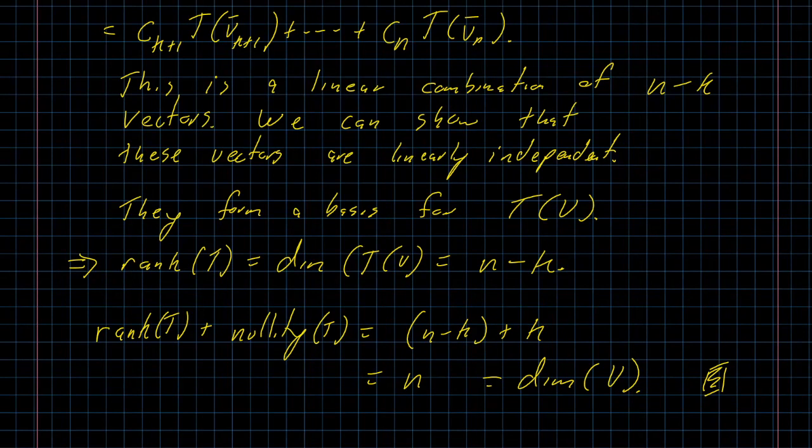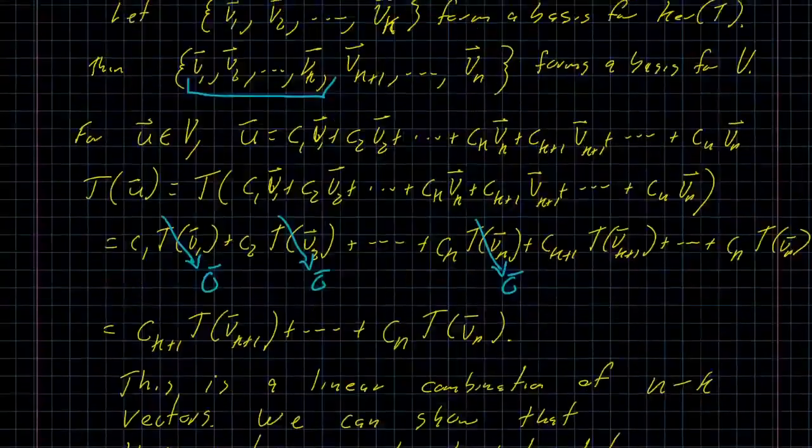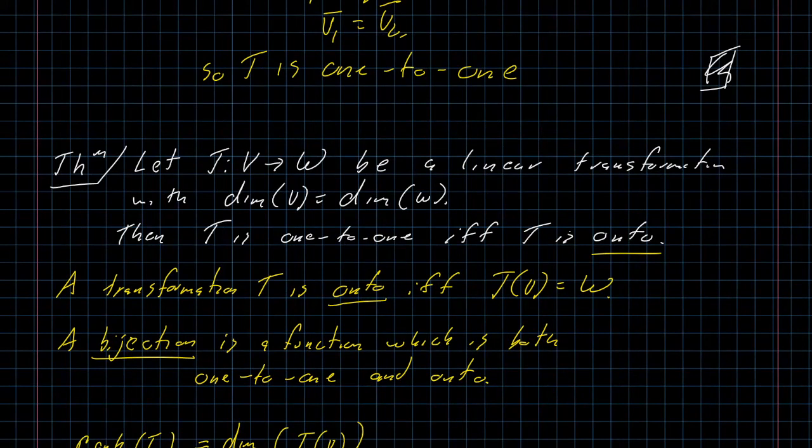But remember my theorem. Let's scroll way up here. I'm just going to copy it and reuse it. My theorem up here says that if I have a linear transformation where the dimension of the domain and codomain are equal, then my transformation is one-to-one if and only if it is onto.